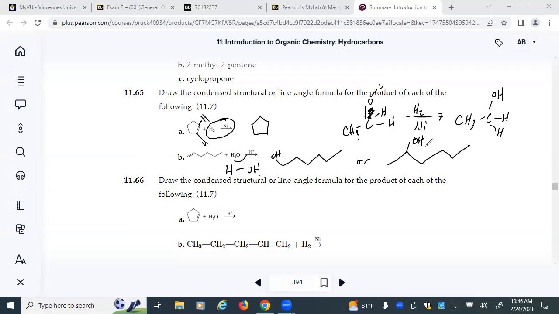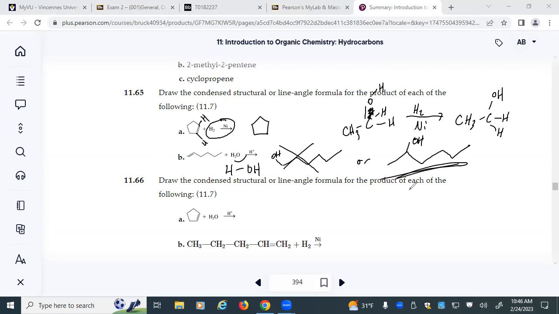Okay. This was the subject of some of the emails I got over the weekend. This is what are called Markovnikov's rules. Which one do we choose? It's not this one. It's going to be this one here on the right. How do I know that?